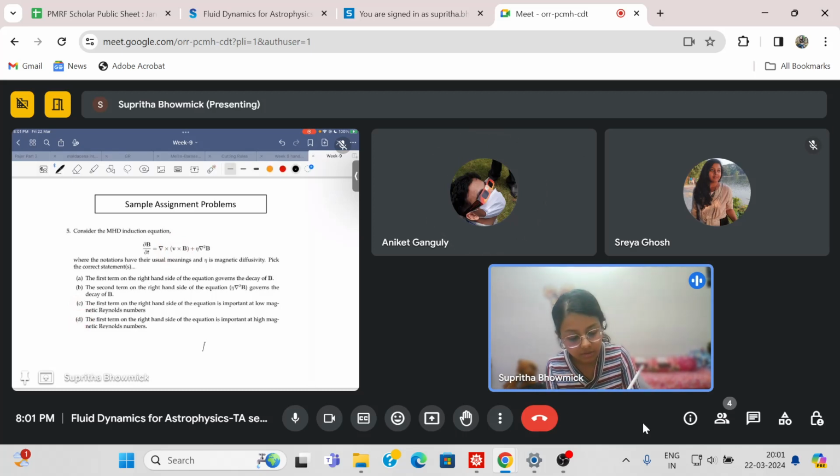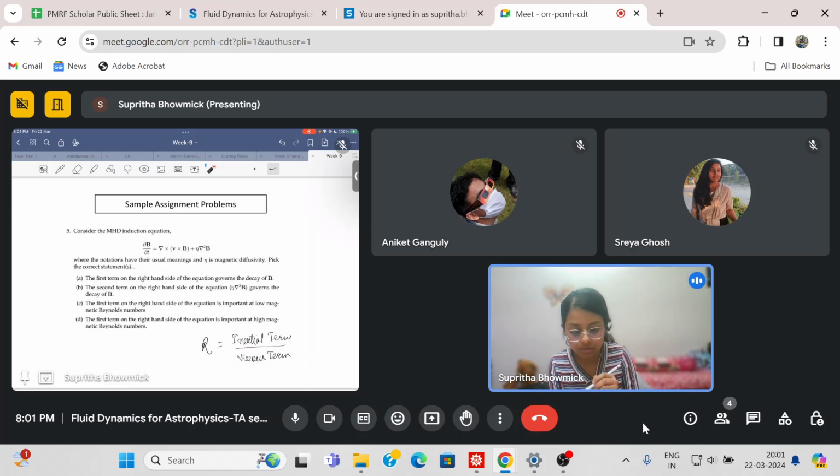Because remember, if you ever forget which term is important, remember that the usual Reynolds number, not the magnetic one, was the inertial term divided by the viscous term. The viscous term is the dissipative term. Over here, the analog of this viscous term is this diffusion term, right?